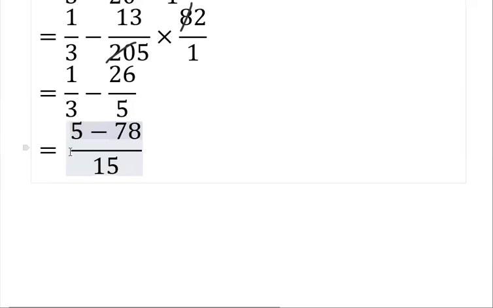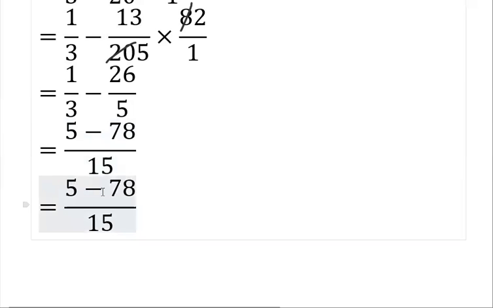Awesome. We're almost getting there. So 5 minus 78 is a small number subtracting a big number, so our answer will be negative. So 5 minus 78 will give us minus 73.